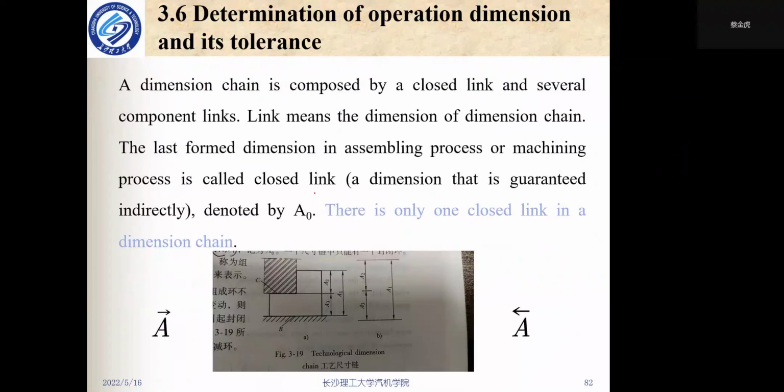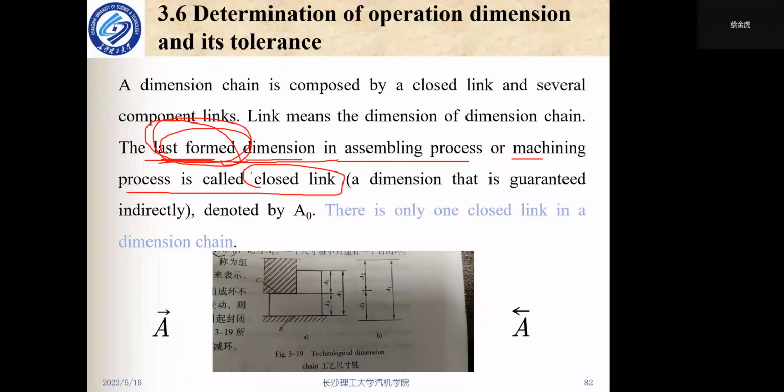The last formed dimension in the assembly process or machining process is called the closed link, and all the other dimensions are the component links.